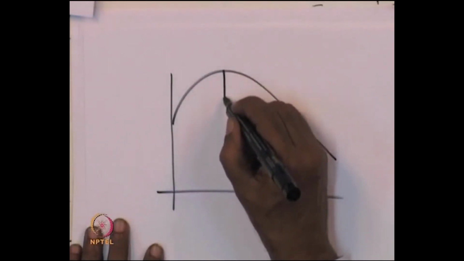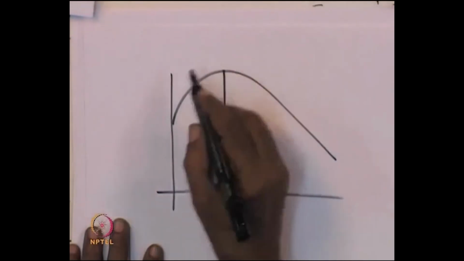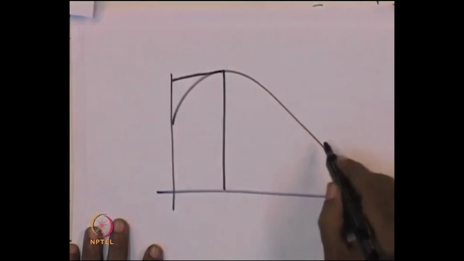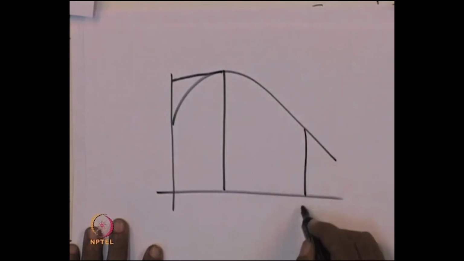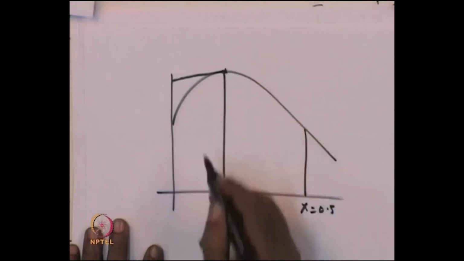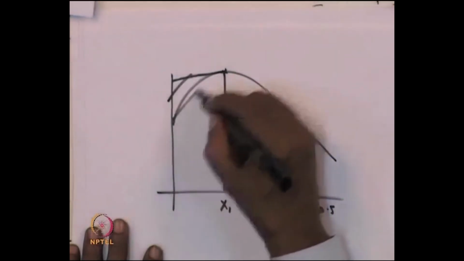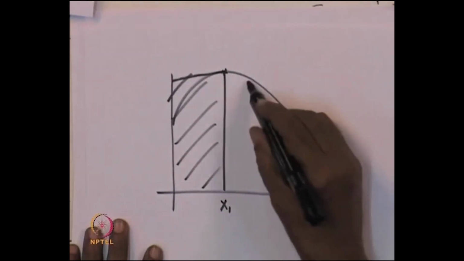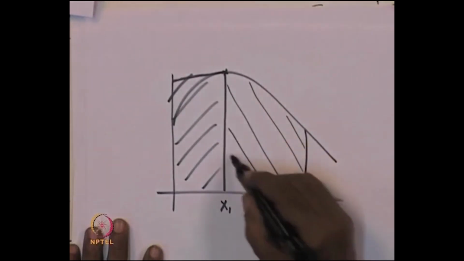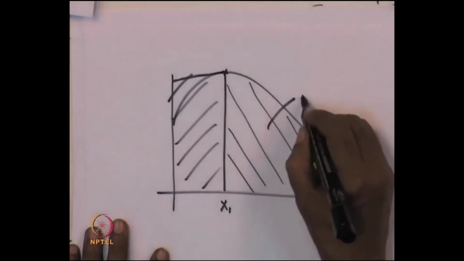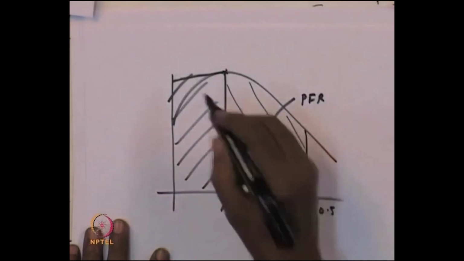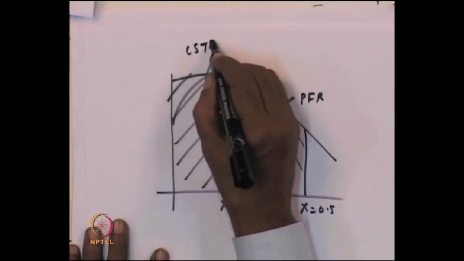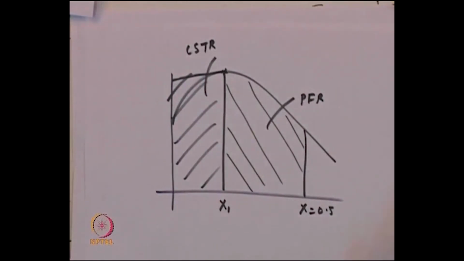So, very clearly if you choose a CSTR at the maxima and then here a PFR up to x equal to 0.5, and this maxima where it occurs we will have to find out, this is x 1. Is this clear what we are saying? So, this is a PFR and this is a CSTR. Okay. So, in this case this is phi and this is x.